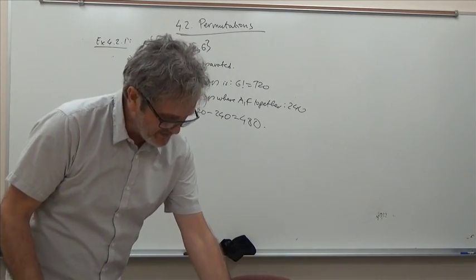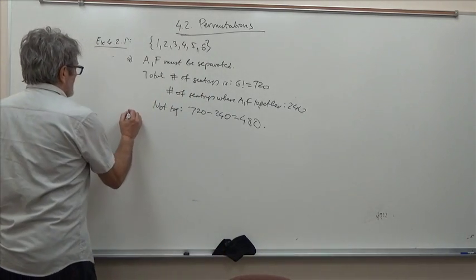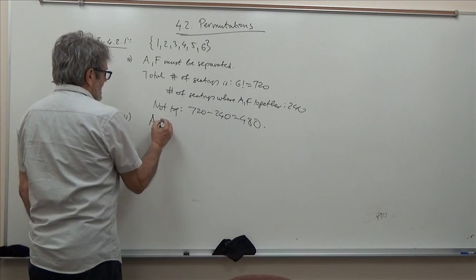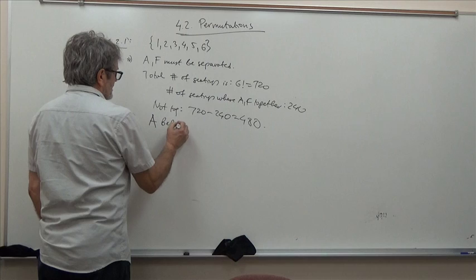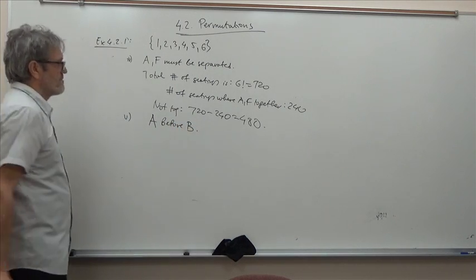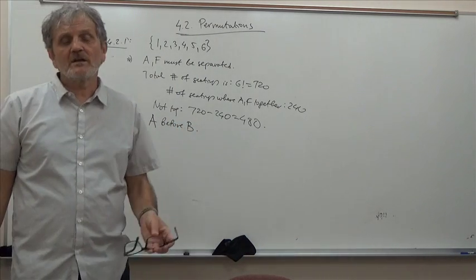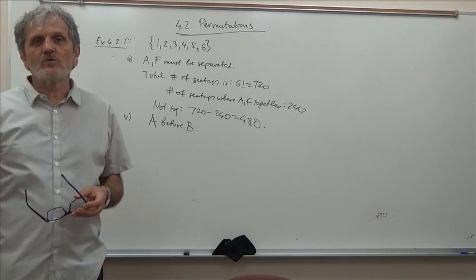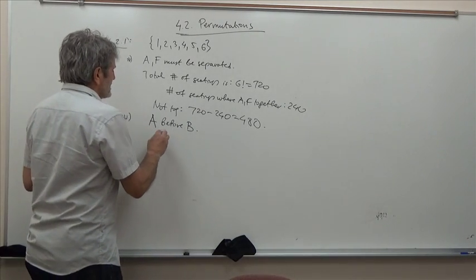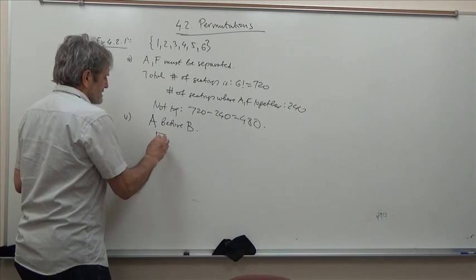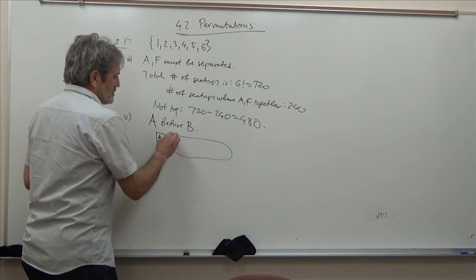And then number 5, in how many ways A is ahead of, before B. Generally in the notes I gave you that slow solution where you look at the cases. A on first, and then you see what you can do with the others.